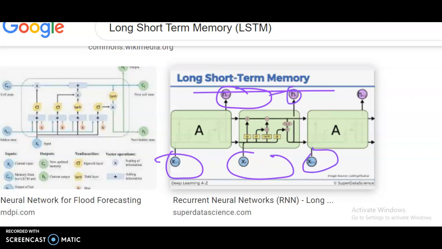This is a filter, and these all are filters.